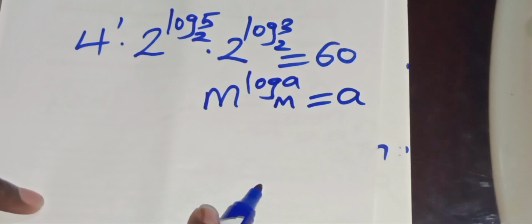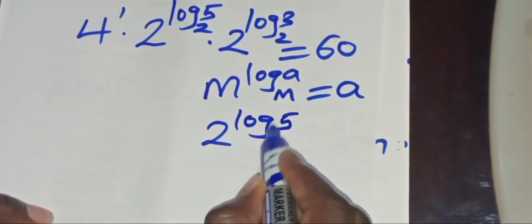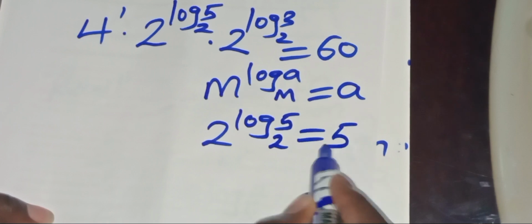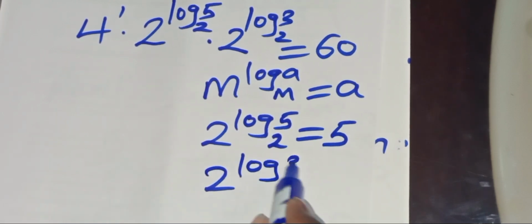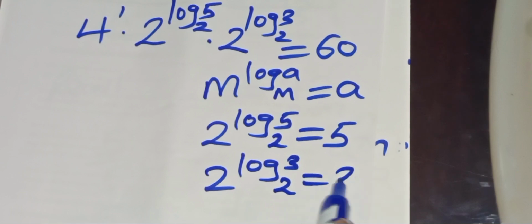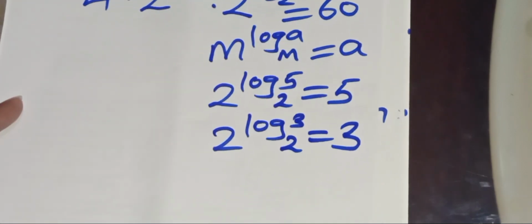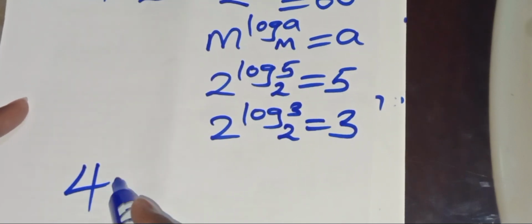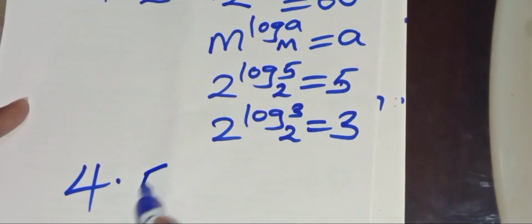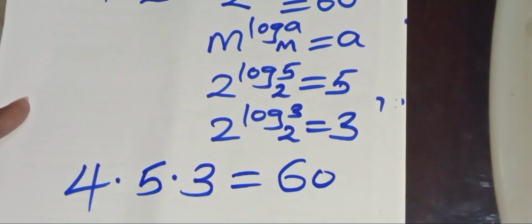That means that 2 to power log 5 to base 2 is equal to 5, and 2 to power log 3 to base 2 is the same thing as 3. Now, let's substitute this back into the equation. We'll have 4 multiplying by 5, multiplying by 3. This should give us a value of 60.